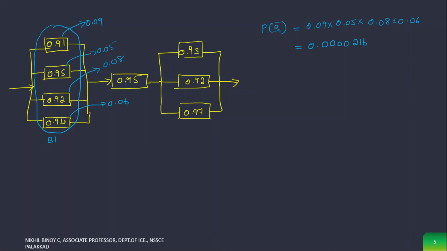Okay. So this is the probability of failure of block 1. So what about the probability of survival of block 1? That is, the probability of survival of block 1, PB1, is equal to 1 minus the probability of failure of block 1, so that is 0.9999784.